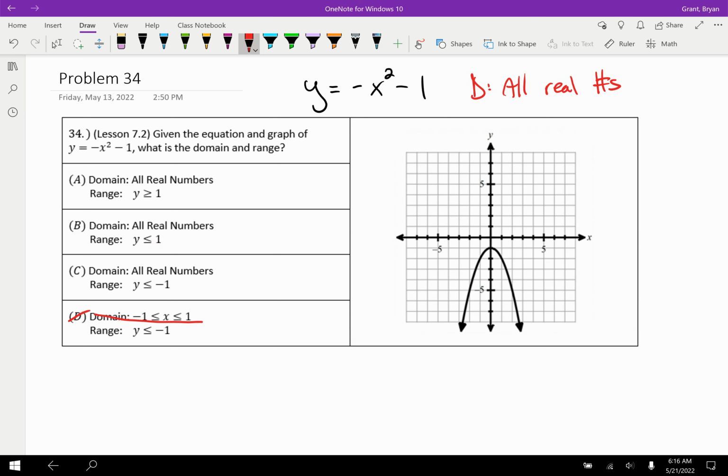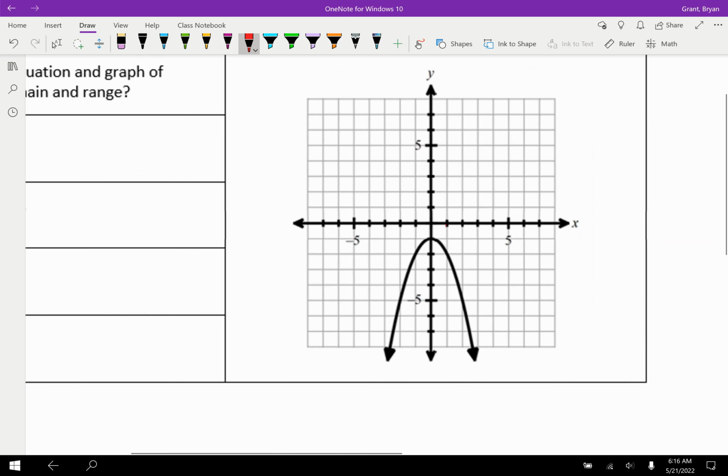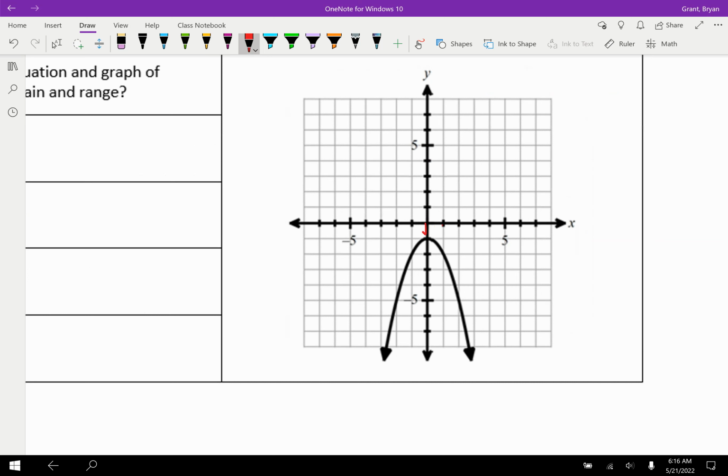But before we get to the range, we should talk about a different way that you can see the domain. Because the domain is all real numbers, it means that every number on the x-axis has to match up to our graph. So for example, 0 on the x-axis matches up here. 1, 2, 3 kind of match up, but don't forget that parabolas get infinitely wide. You can't always see it right away, but they do.